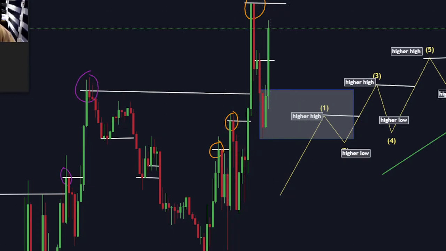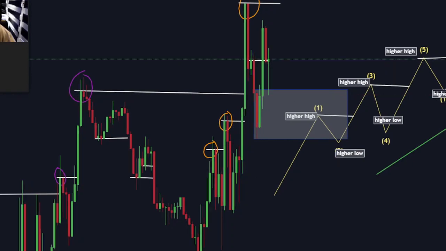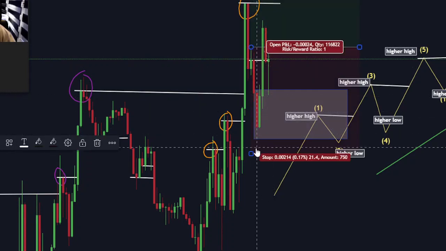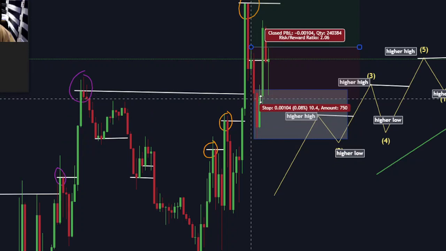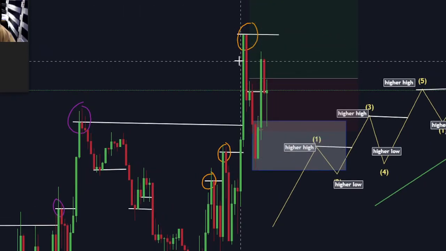We should be waiting for the market to pull back into our demand, and that gave us this beautiful hammer. We are still going to talk about this hammer. It's a signal candle that usually occurs in supply and demand.